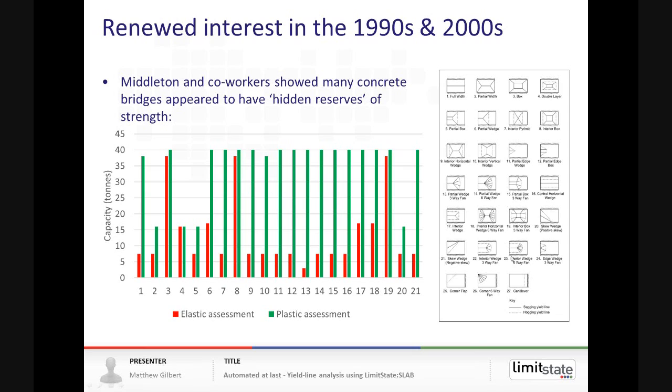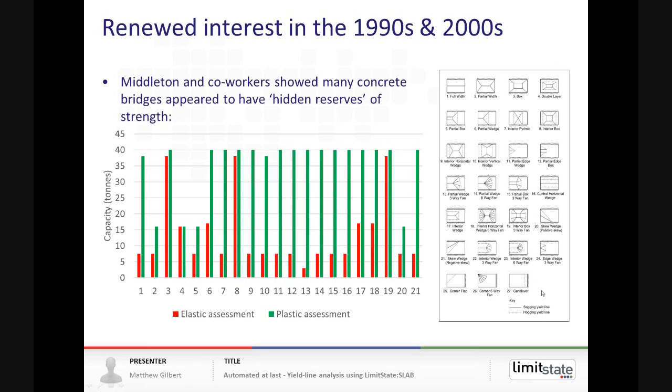How were the calculations done? Well, actually, a large number of postulated failure mechanisms were programmed into software. Here we've got a list of 27 mechanisms, and each one of those mechanisms would be checked for each bridge that was analysed. So, large number of mechanisms.